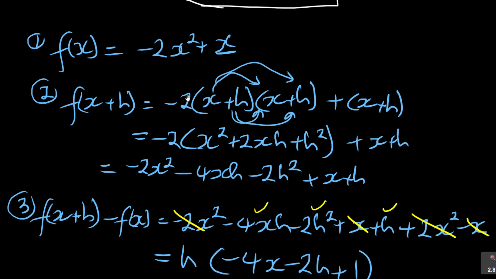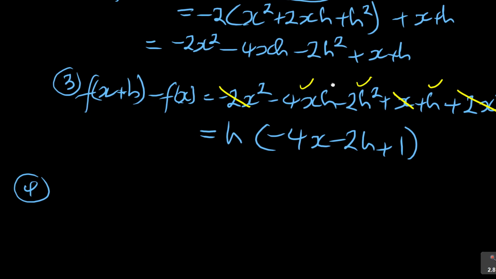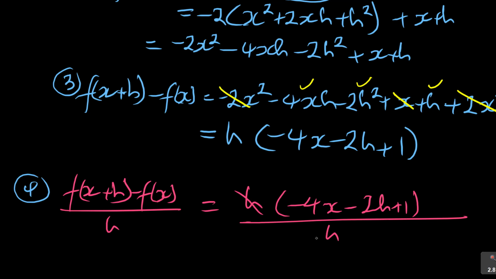And number 4, you see, it is everything there divided by h. So that's the one I say now. f(x + h) minus f(x) over h, which is h times negative 4x minus 2h plus 1, over h. That's how it goes.